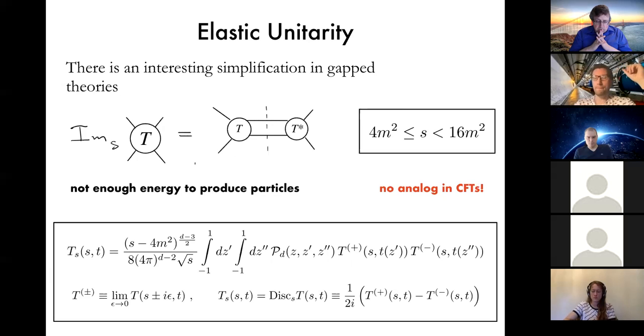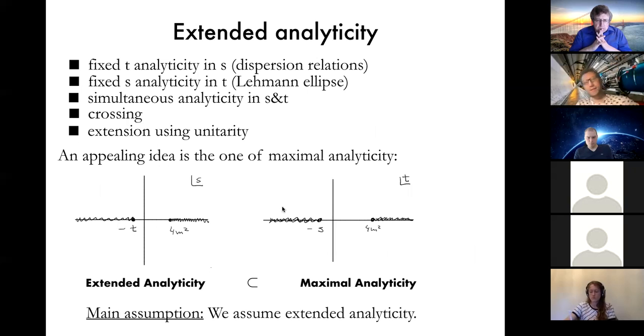Sorry, before you go on, can I ask about the analyticity, what's the difference between extended analyticity and maximal? Yes, sorry, I haven't explained it very well. Imagine that in my analysis, I limit myself only to some subregion of S and T. I do not go all the way to infinity.